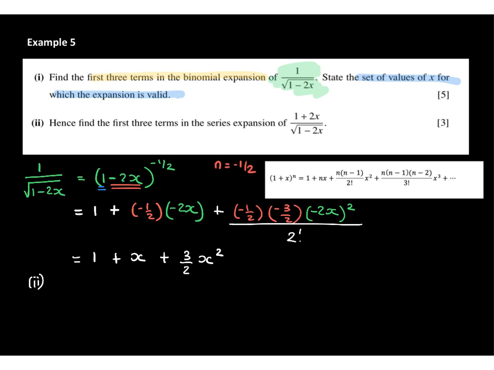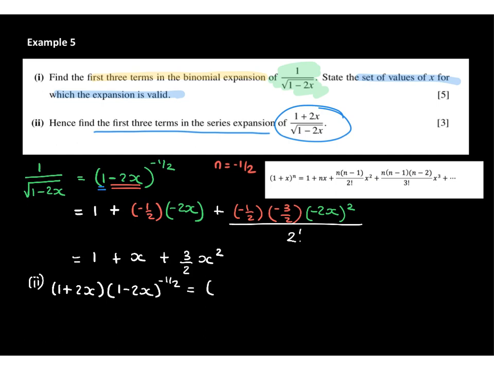Now, hence find the first three terms in the series expansion of this. We've now done multiple questions like this, so we simply have to rewrite this as (1 plus 2x) multiplied by (1 minus 2x) to the negative half, which we can say is approximately equivalent to (1 plus 2x) multiplied by the result we've just found the first three terms of in our expansion.